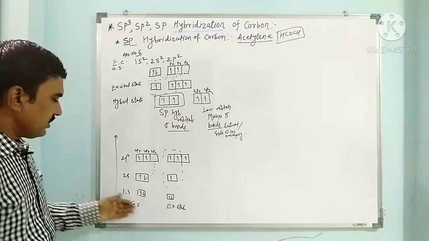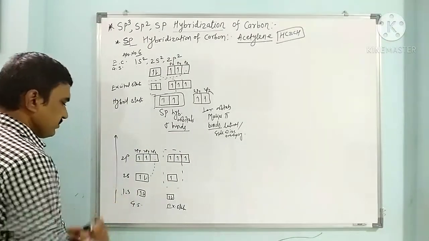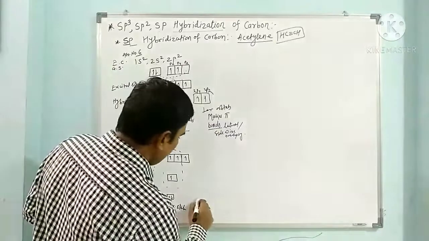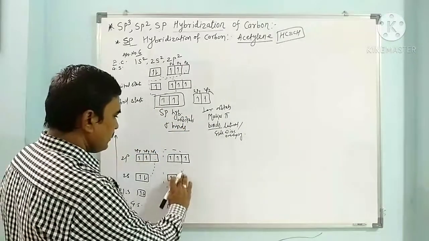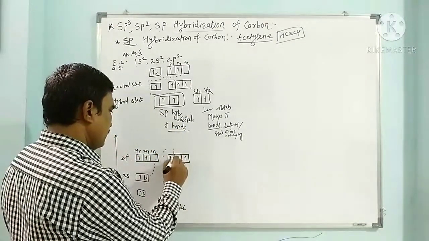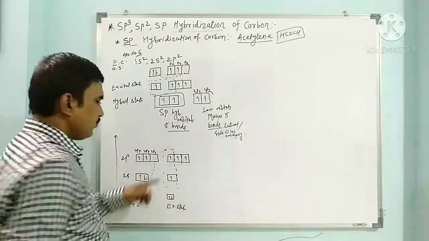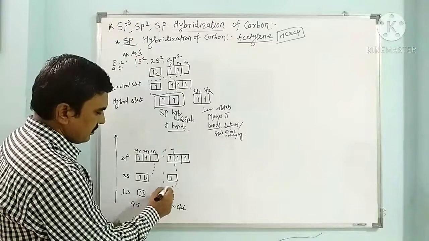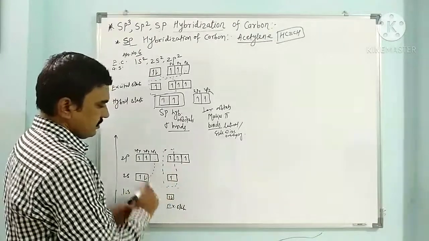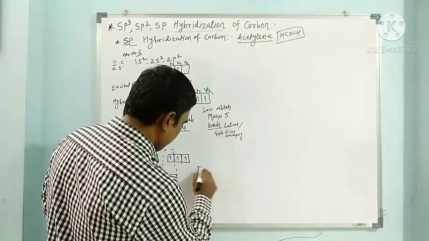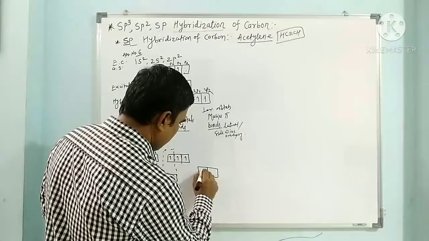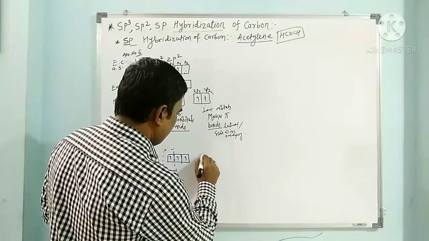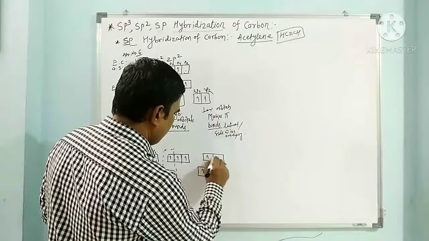Now here in the energy profile diagram, if you see, in the hybrid state, one s orbital and one p orbital undergo mixing. So here we get two new orbitals.